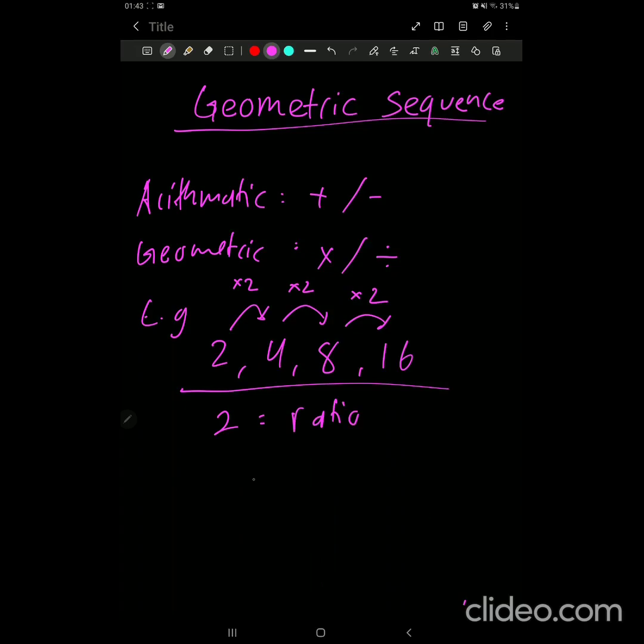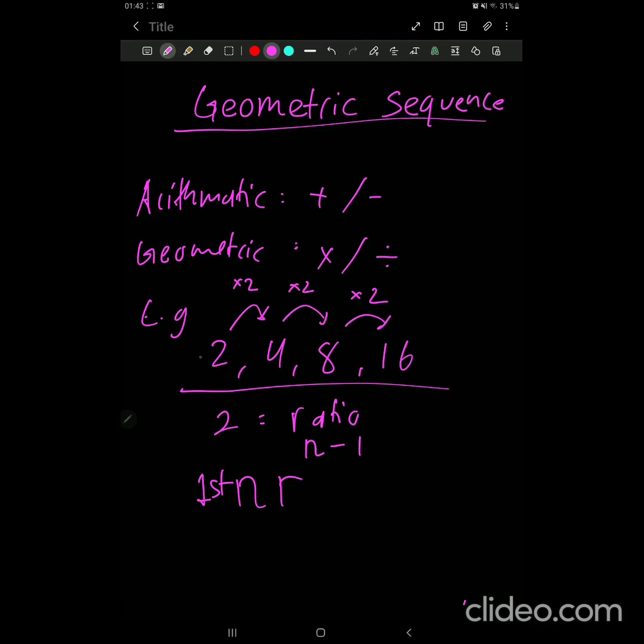Then the formula is the first term times the ratio to the power of n minus 1. So this is the formula.